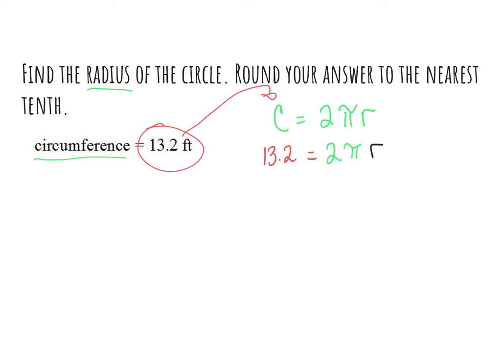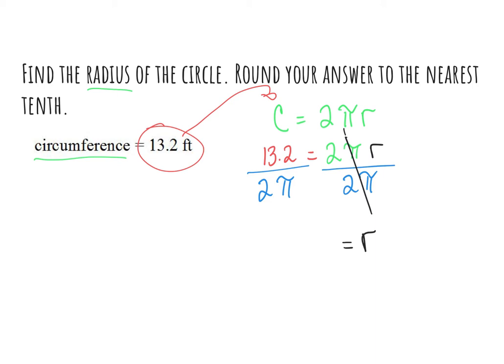Because we are multiplying, the inverse would be to divide. So I'm going to take my side and divide by everything I do not want. I do not want the 2 pi there, so I'm going to divide by the 2 pi. And what you do on one side, you do on the other. 2 pi over 2 pi just gives me 1, but 1 times r is just r.